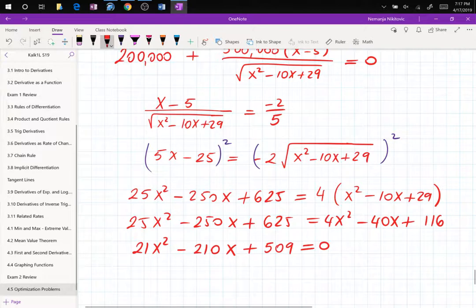You say solve 21x squared minus 210x plus 509 equal to 0. And we actually take the approximate form, we take the decimals.